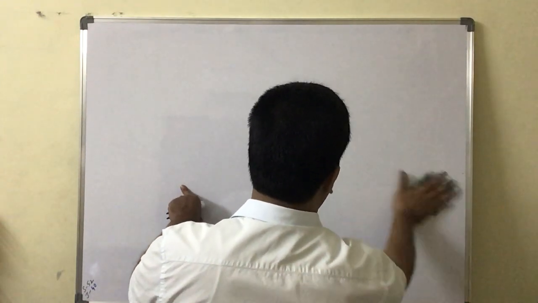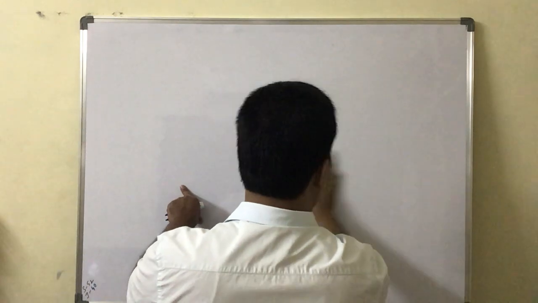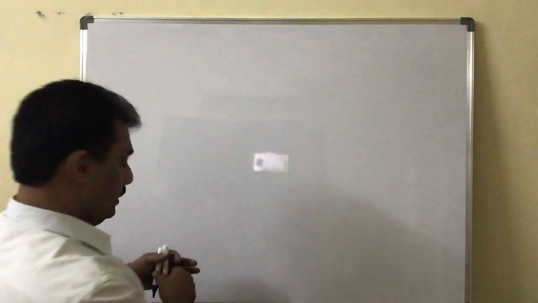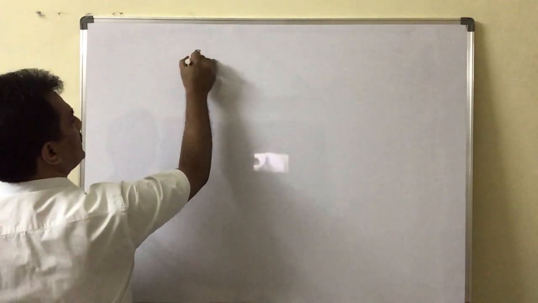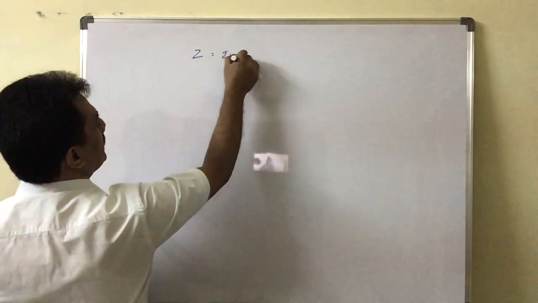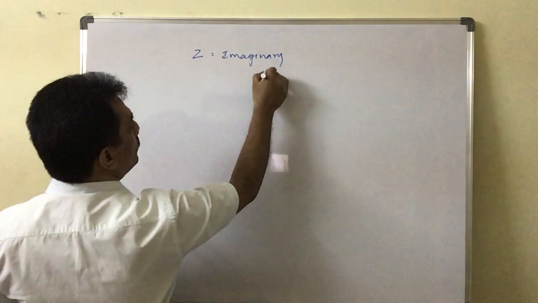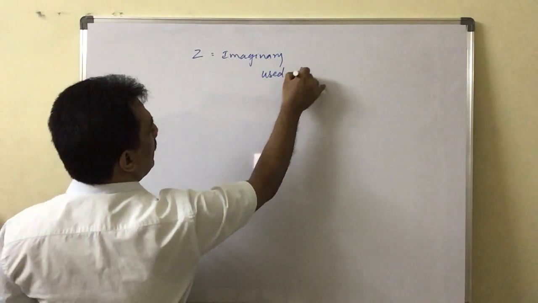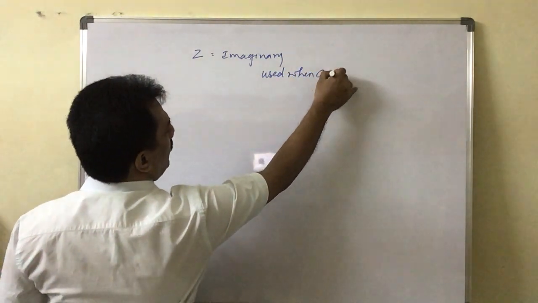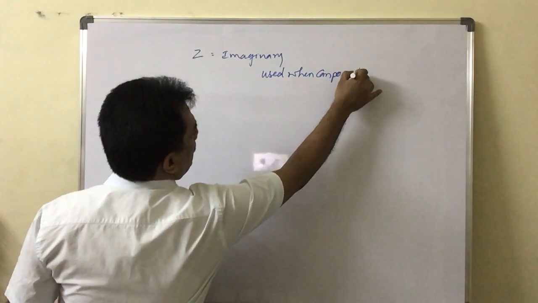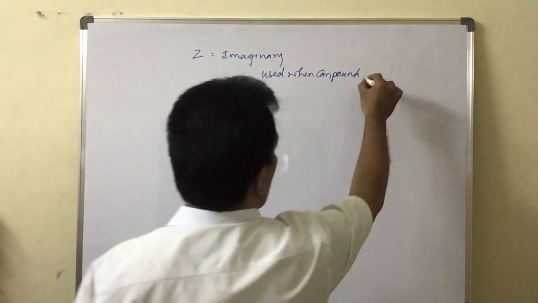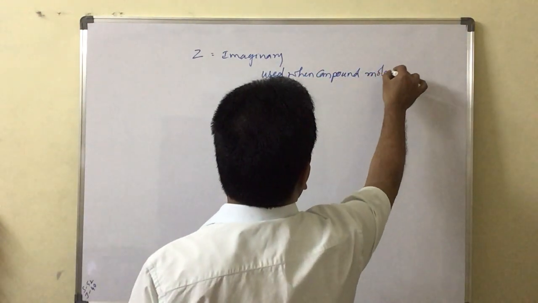I am repeating this again because so many people are confused here. Z is imaginary and is used when a compound or molecule is given.